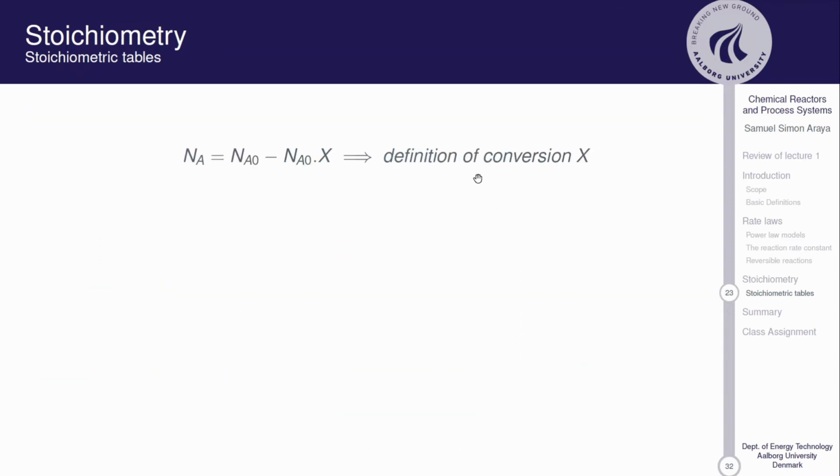So from our definition of conversion, at any given time, the moles of A in a batch reactor, for example, that remain are basically the moles of A that we initially put minus the moles of A initially put times the conversion. So this is basically our definition of conversion from the first lecture.